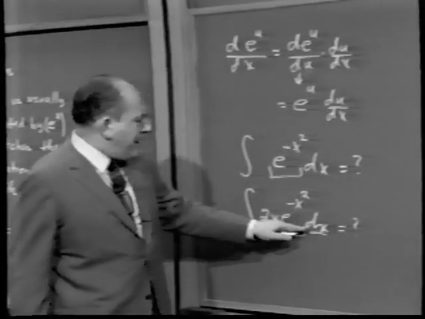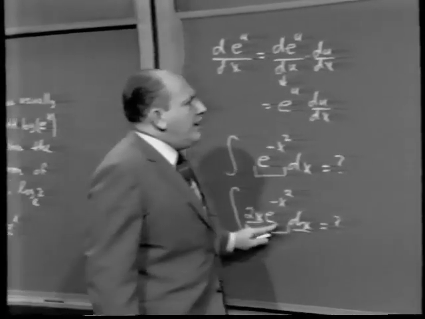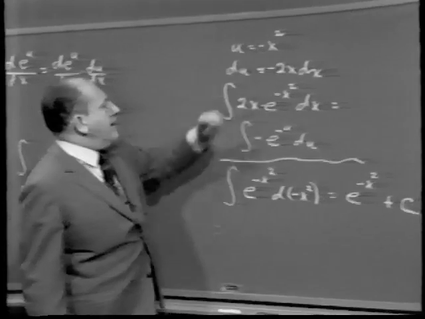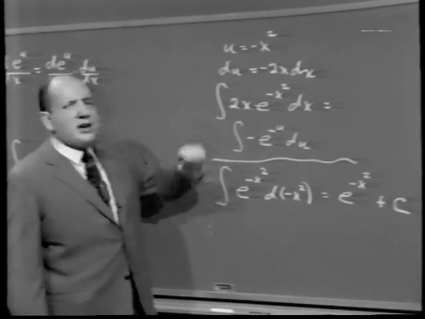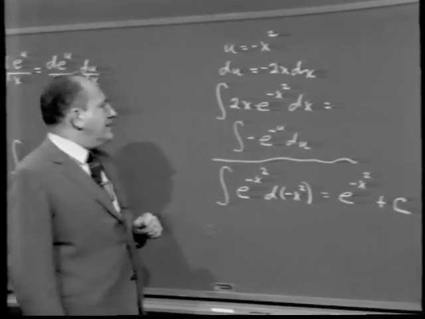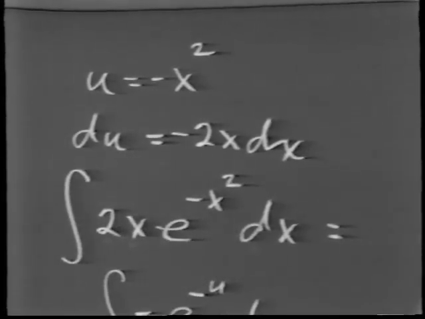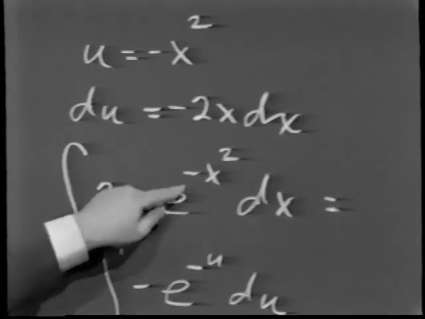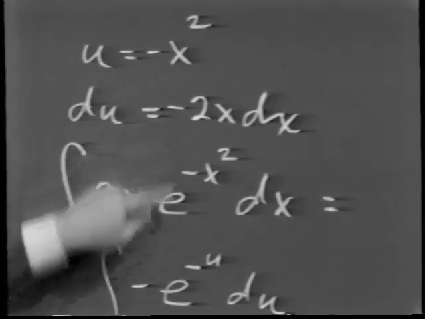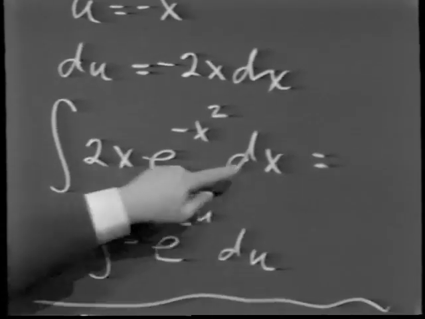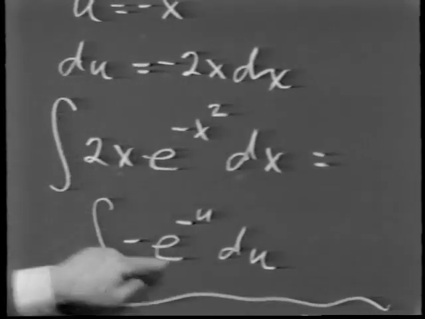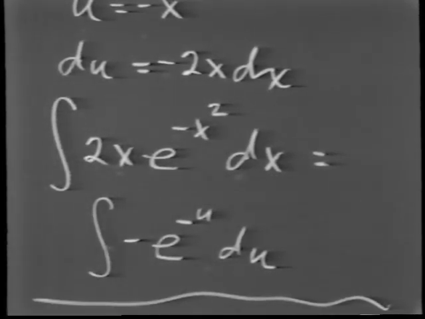In other words, working this out in more specific detail, if I let u equal minus x squared, du becomes minus 2x dx, and therefore the integral of 2x e to the minus x squared dx just becomes what? Well, the e to the minus x squared just becomes e to the u, and 2x dx is just minus du. Okay?